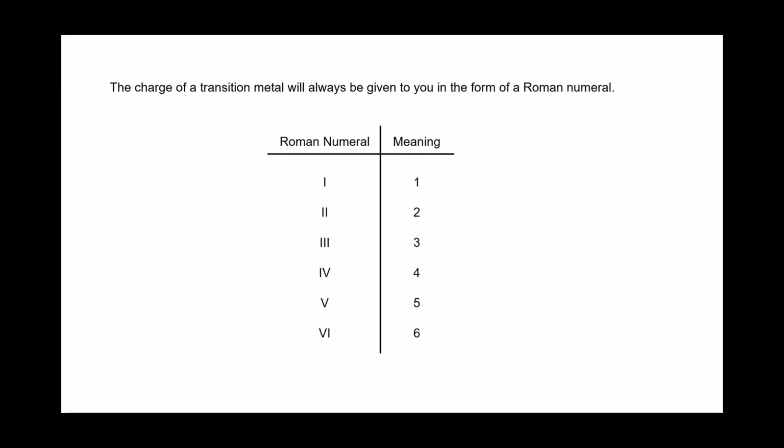And a Roman numeral, which you might already know, is just an old way of writing certain numbers. Okay, so I means 1, II, 2, III, 3, I followed by a V is 4, V is 5, and then VI is 6.